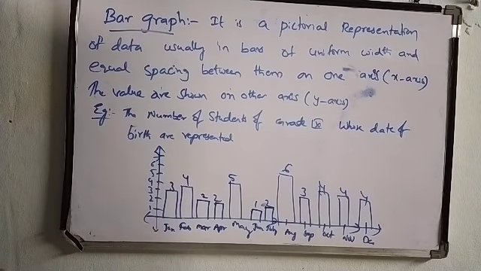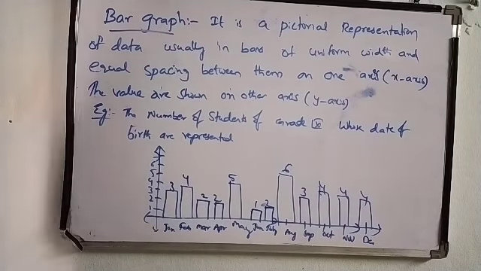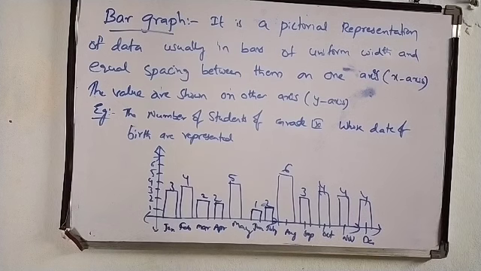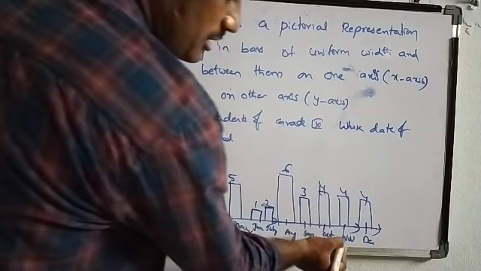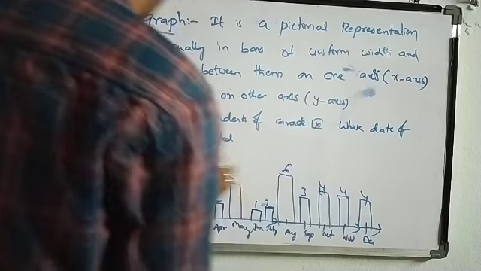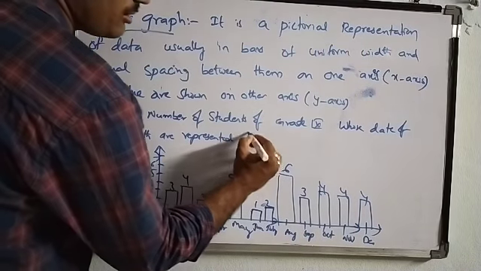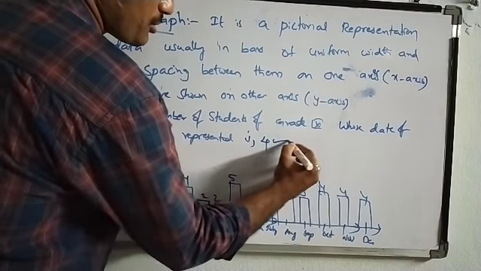Now the first question is to observe the graph. How many students were born in the month of November? If you see the graph, 4 students. So the number of students born in November is 4.